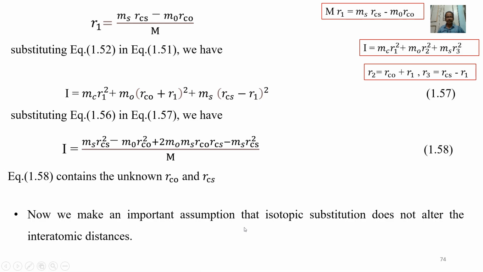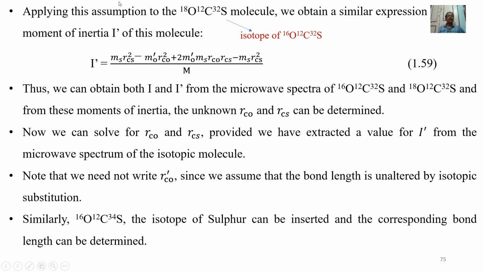We know already. So applying this assumption to the isotope of carbon oxide sulfide, which is given as the O18 C12 S32 molecule, we obtain a similar expression for the moment of inertia I dash of this molecule, which is given by this.